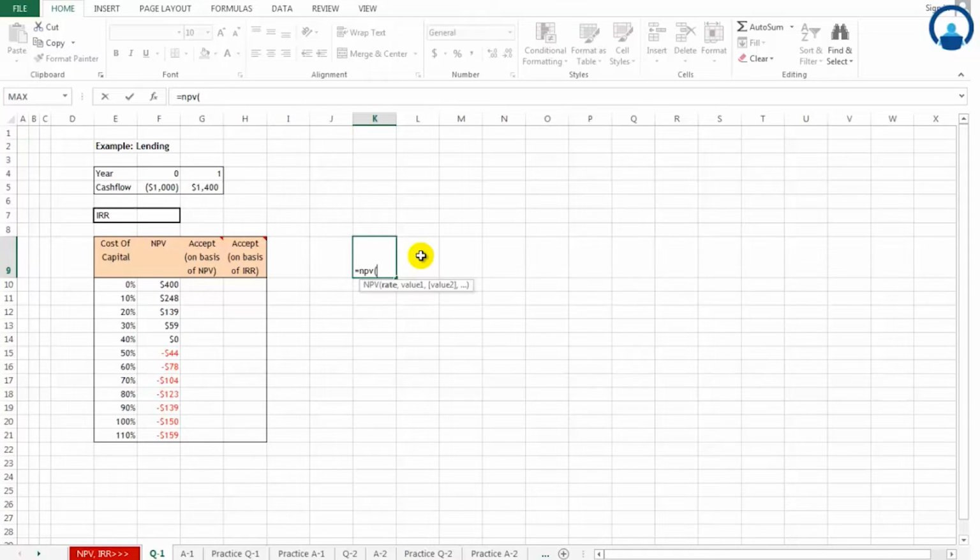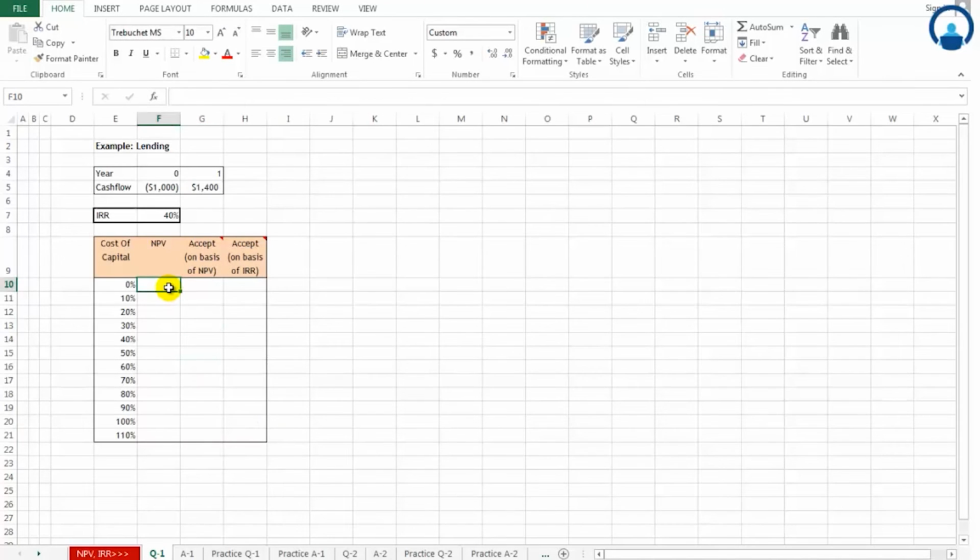If you open the bracket, the inputs this function requires are rate, which is the discount rate, and the values, or the cash inflows and outflows of the project or the investment. Correct? So this was the NPV function in Excel.